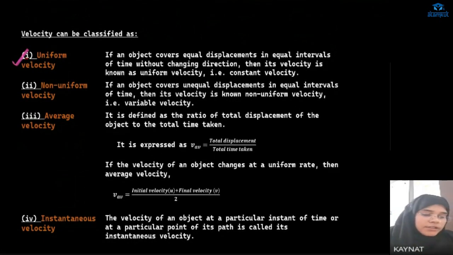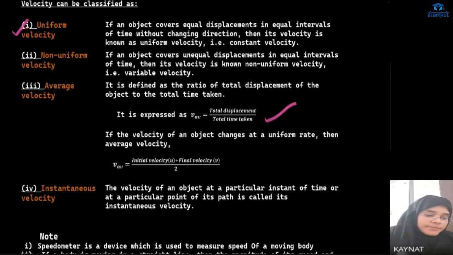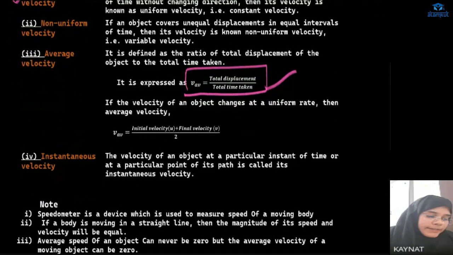Average velocity is the total displacement upon the total time taken for that journey. Okay, average velocity. And here the velocity changes.